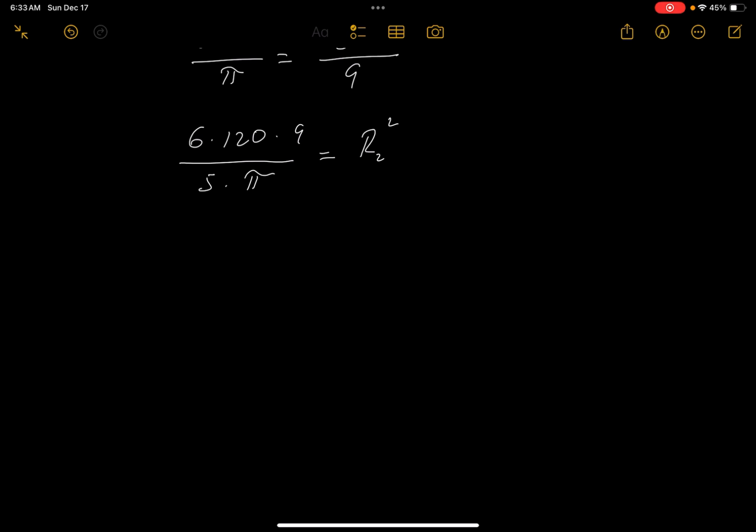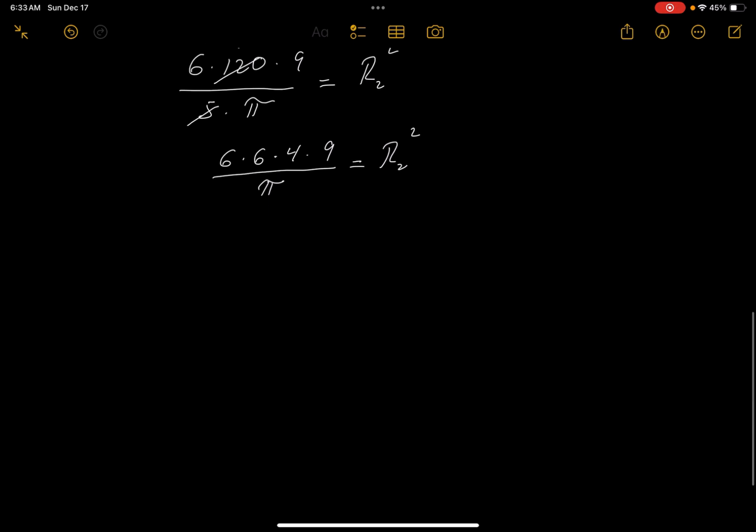I got to simplify this. 5 goes into 120 24 times. I'm going to write 24 as 6 times 4 times 9, over pi, and that's equal to R2 squared.